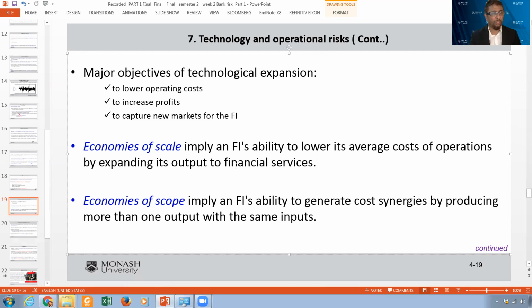This is what we call the economies of scope, which means using the same data to generate cost synergies by producing more than one output.